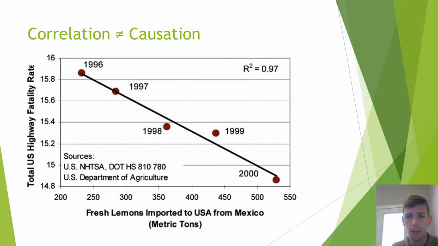And this is R squared up here. R squared is simply the correlation coefficient squared. And so notice that R value is very strong. All right, so there's a very strong relationship here, very strong correlation. Okay, but I think anyone with kind of common sense here could figure out the more lemons we import are not making any difference in the fatality rate, regardless what the scatter plot is showing.